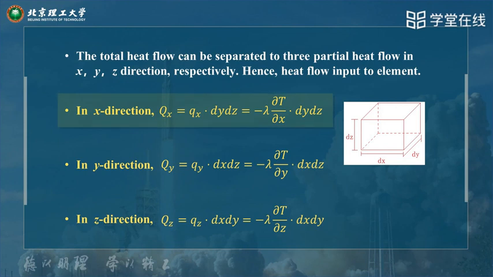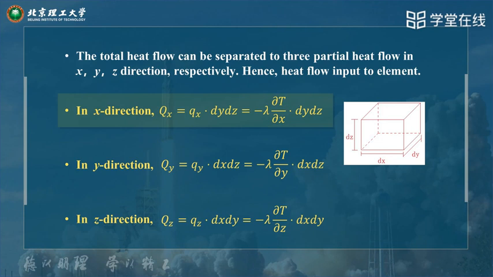For example, capital Qx equals small qx times dy dz. Small qx is the heat flow density. dy dz is the section area.